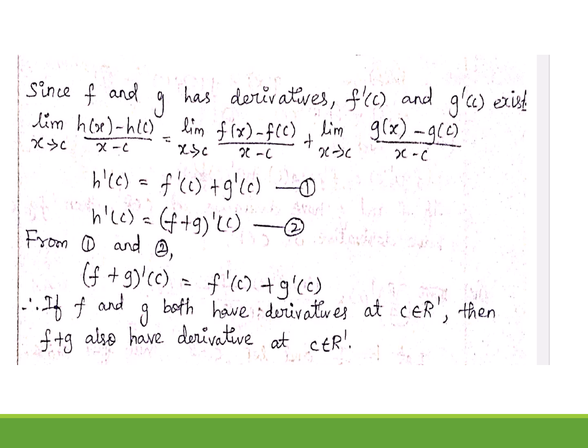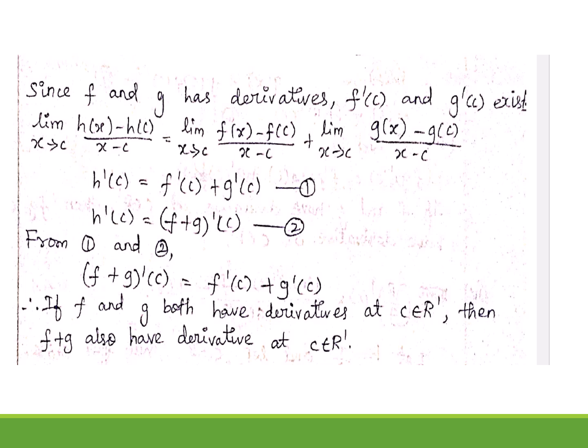Taking the limit on both sides: limit as x tends to c of [h(x) minus h(c)] divided by [x minus c] equals limit as x tends to c of [f(x) minus f(c)] divided by [x minus c] plus limit as x tends to c of [g(x) minus g(c)] divided by [x minus c].